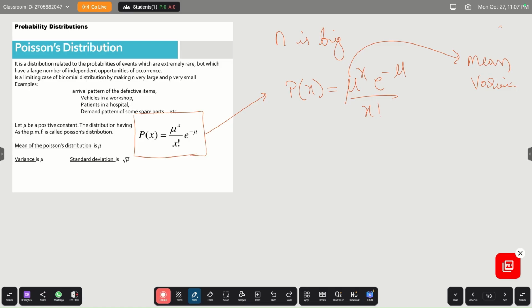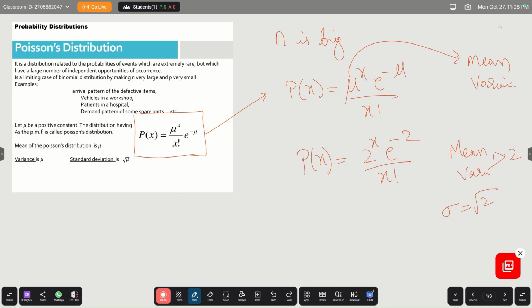Suppose you have a Poisson distribution with mu equal to 2, power x e power minus 2 divided by x factorial, then the mean of this distribution and variance of this distribution both will be equal to 2, and standard deviation will be square root of 2, because standard deviation is square root of the variance.